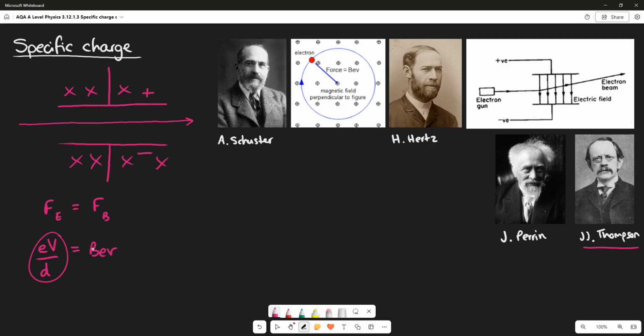The force exerted by the electric field is equal to the force exerted by the magnetic field. And if he rearranges this equation, he can get a term for the velocity of the electrons. The voltage divided by the strength of the magnetic field times by the distance between the plates.